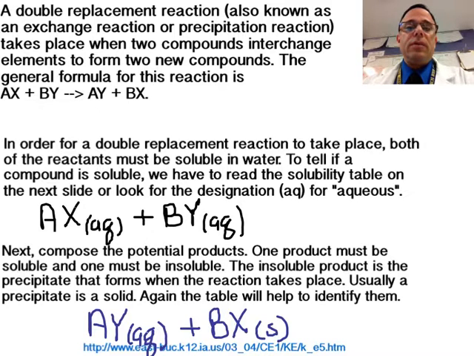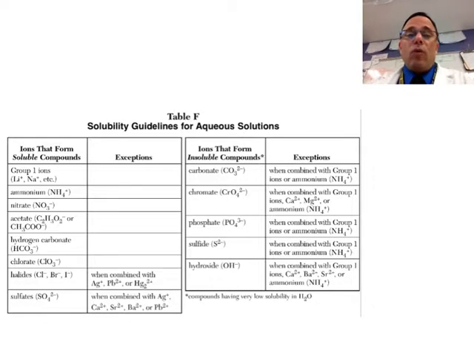Let's dive a little deeper now. So now let's inspect that table that I spoke of earlier. It is the table that talks about the solubility guidelines for aqueous solutions. So if something is soluble, it will dissolve in water. So it will break apart. We sometimes call it dissociate into the water.